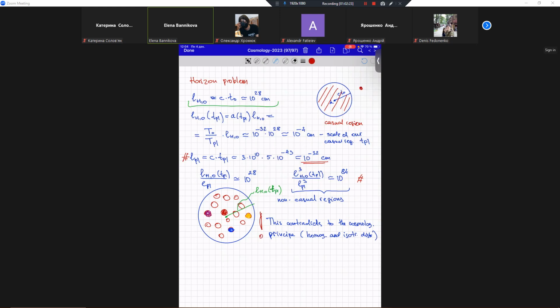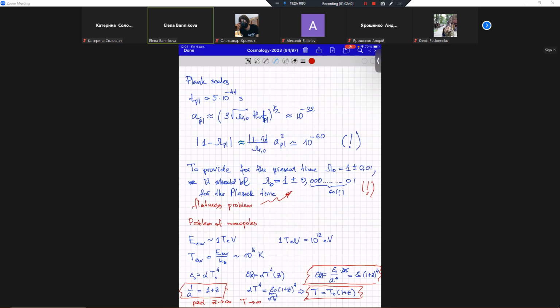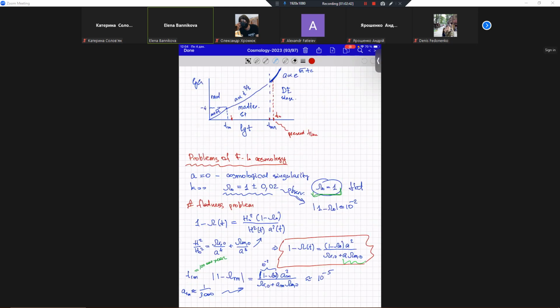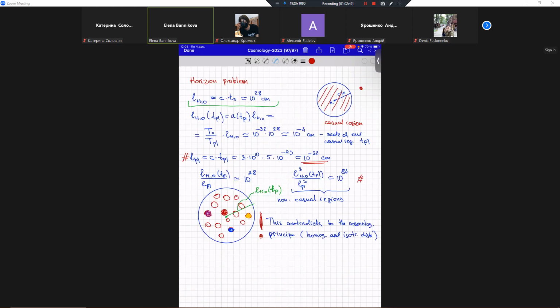This is one of the really important problems, especially this one. Two of the problems, the horizon problem and the flatness problem. So this is already enough to see how we can find some solution to solve this problem.